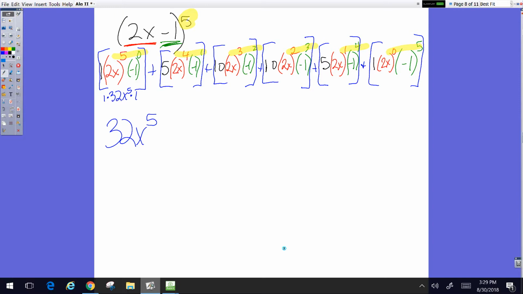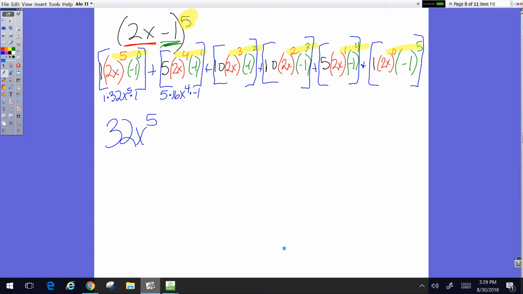Now we move on to the next bracket. You do it one at a time. Just one at a time. So this is 5 times 2 to the 4th. 2, 4, 8, 16. 2 to the 4th is 16. Alright, what is negative 1 to the first power? Negative 1.